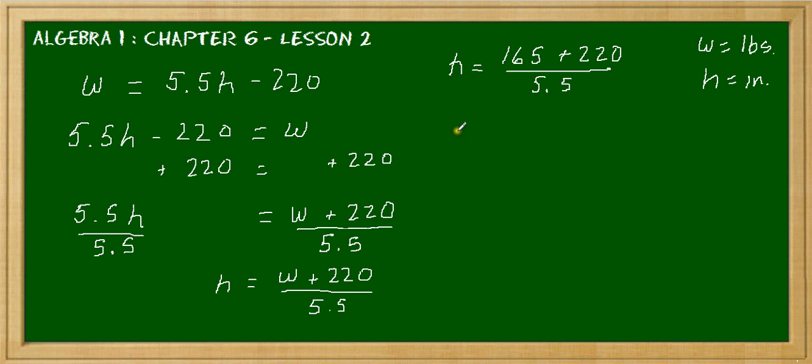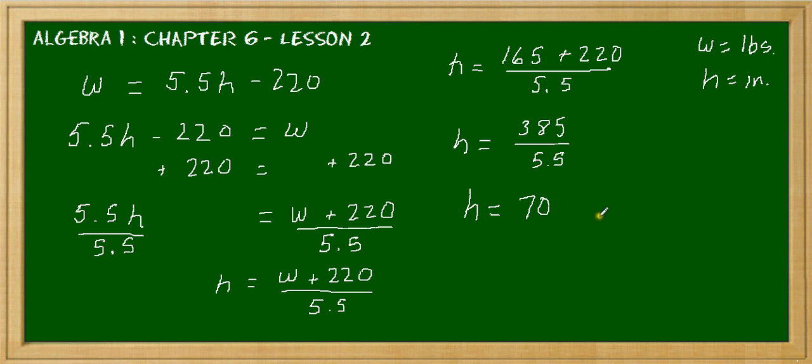Now when we do our math, we're going to have 385 divided by 5.5. And when we divide 385 by 5.5, we'll see his height is 70. Is that 70 feet? Of course not. 70 inches. Okay?